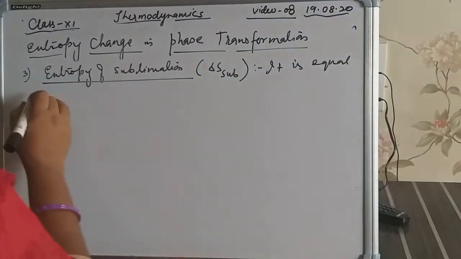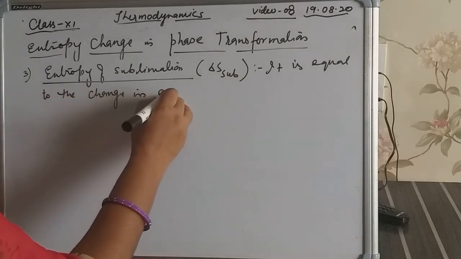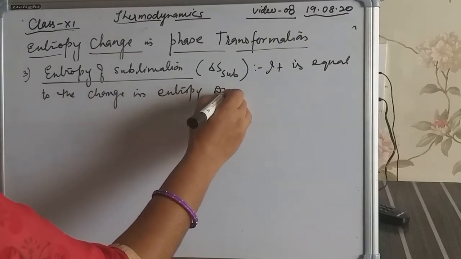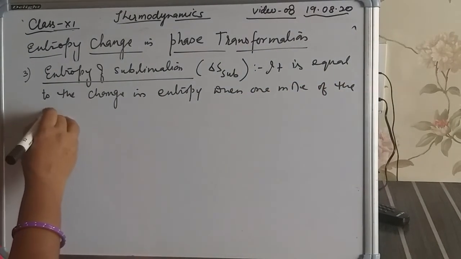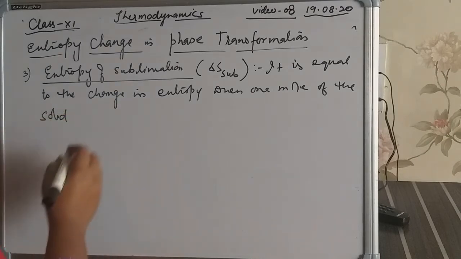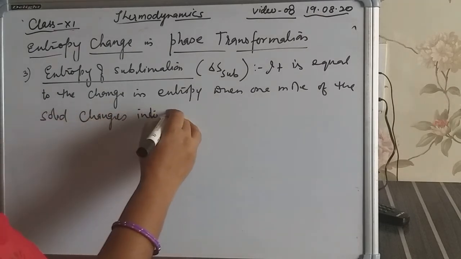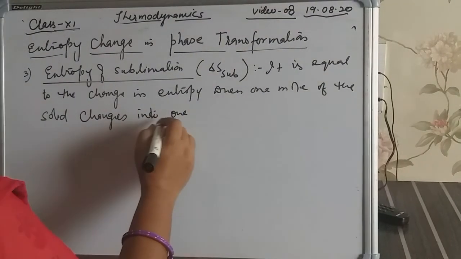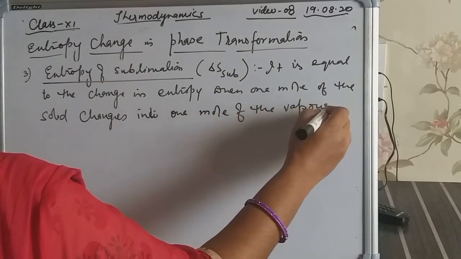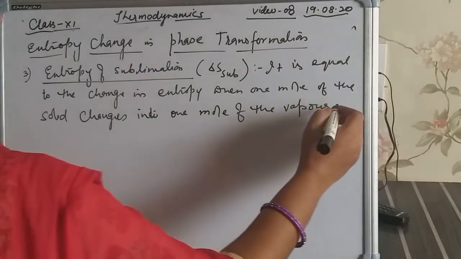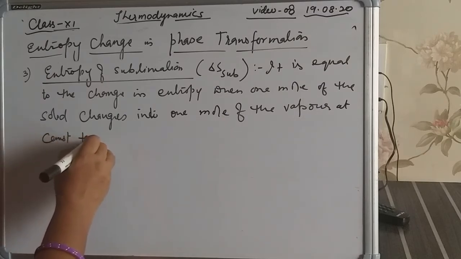It is equal to the change in entropy when 1 mole of the solid changes into 1 mole of the vapor at constant temperature.